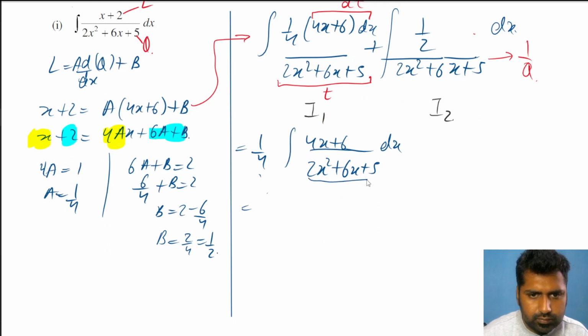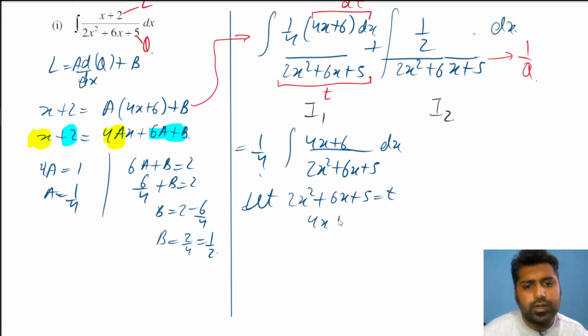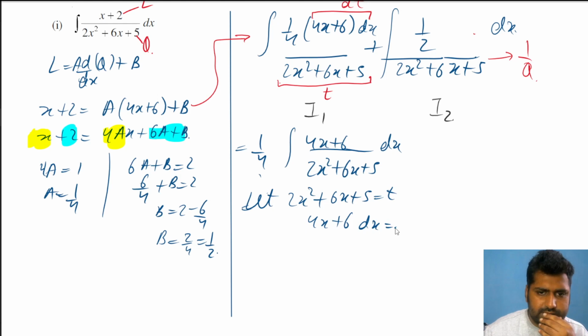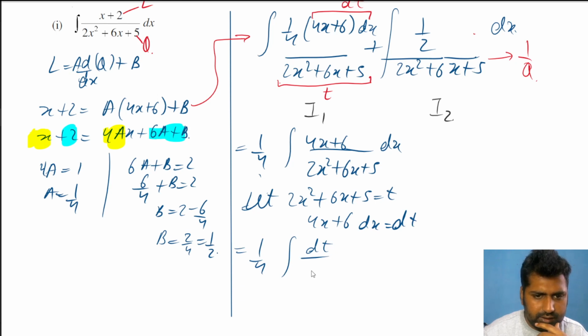So it is t dt, so let 2x square plus 6x plus 5 equal t. Then 4x plus 6 dx is dt. So the integration looks like 1 by 4 integration dt by t.